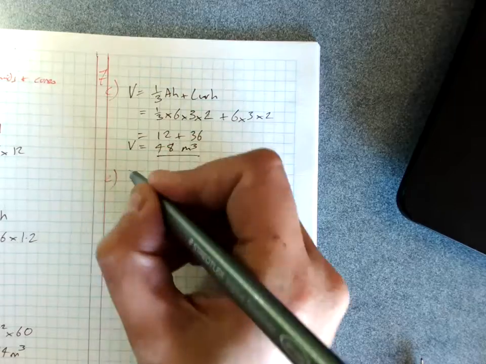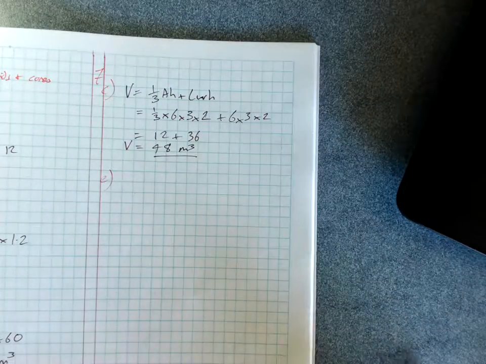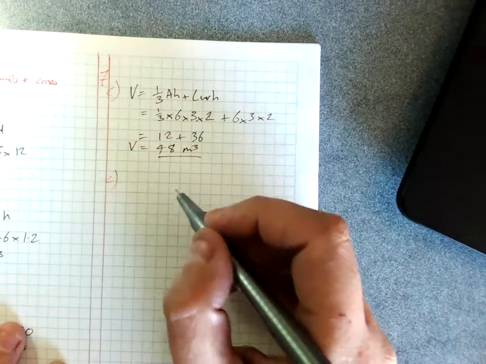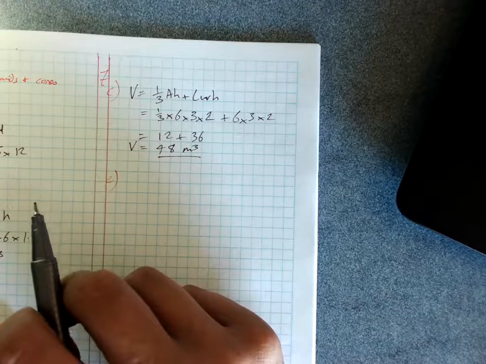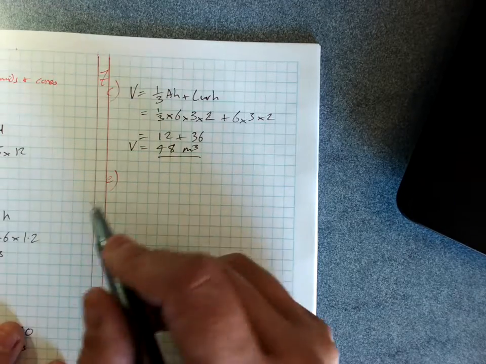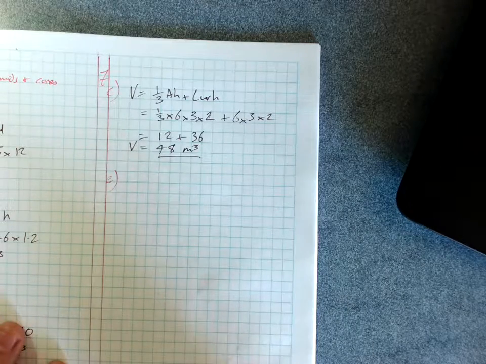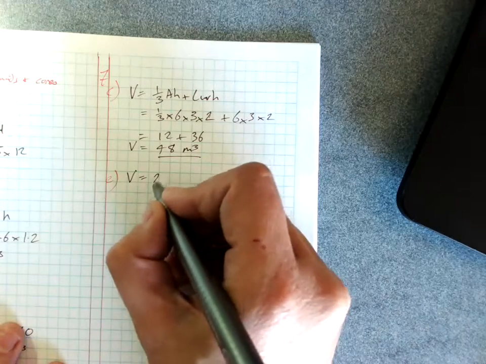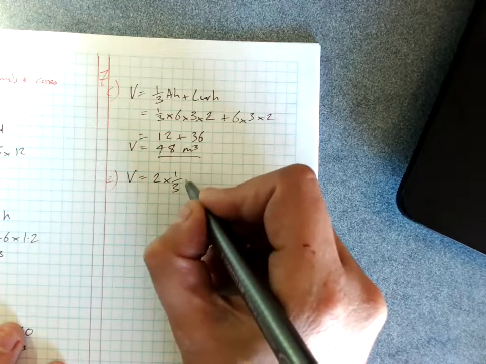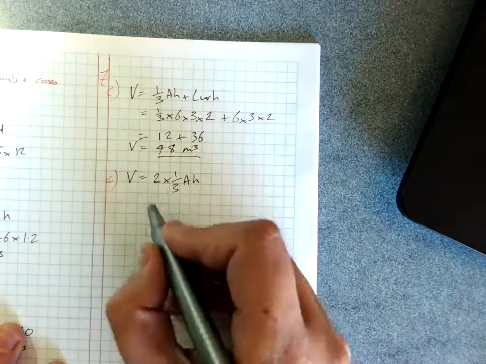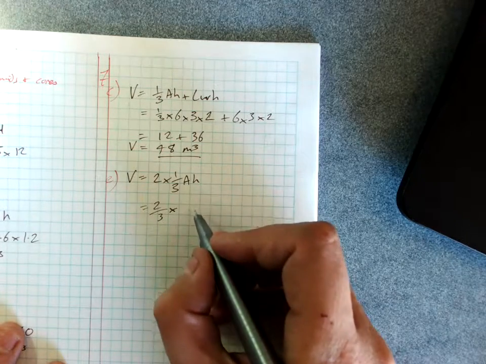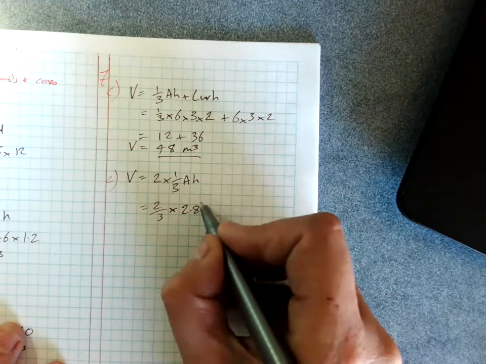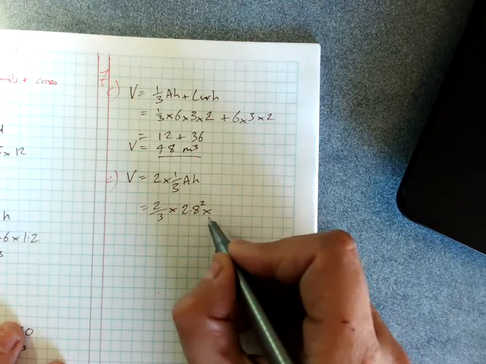You might find E a little tricky because we have 2 identical square-based pyramids, and it looks like we're going to have to find, no, we're okay. So volume is 2 times 1/3 AH for these square-based pyramids. Well, that's 2/3 times the area of the square, which is 2.8 squared, times the height.